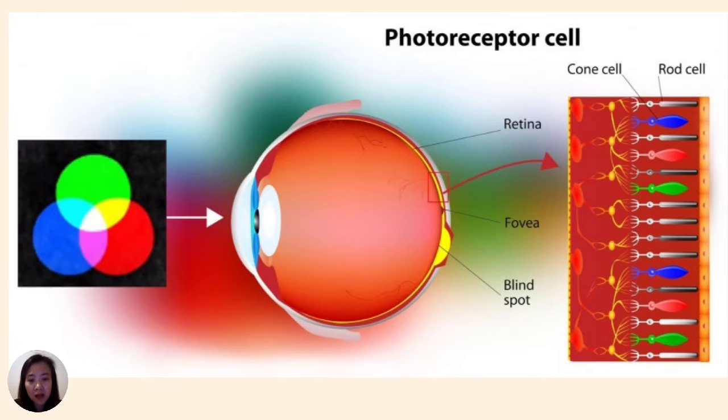In the retina there are two kinds of light detecting cells called rods and cones. The rods are used for seeing in low light conditions, and there is only one kind of those. The cones, however, are a different story.